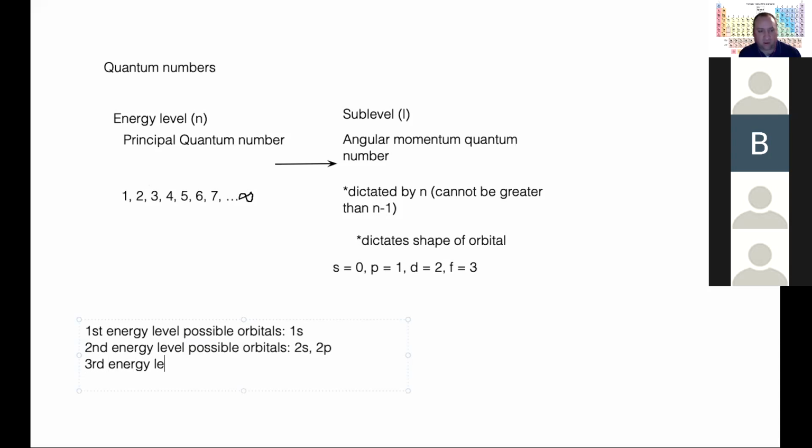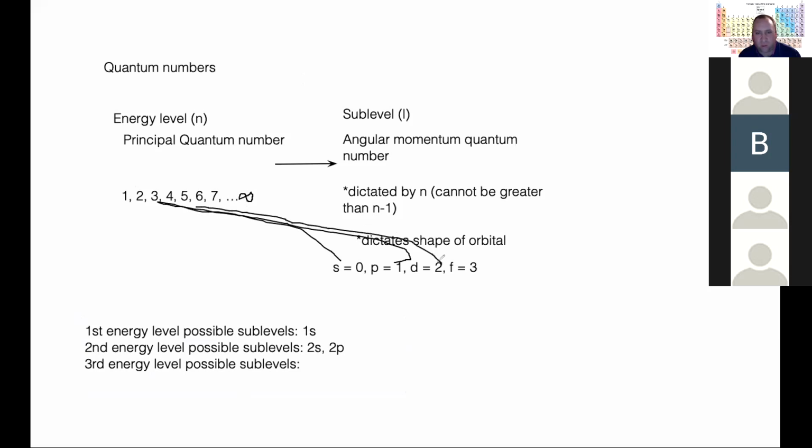In the third energy level, the possible sublevels are 3s, 3p, and 3d, because d, 2, is 3 minus 1.